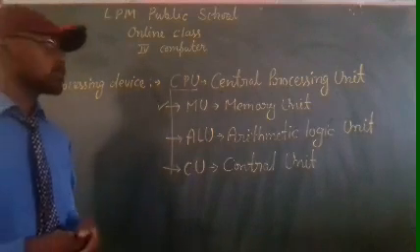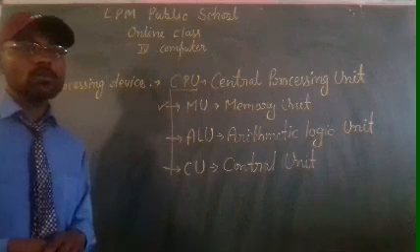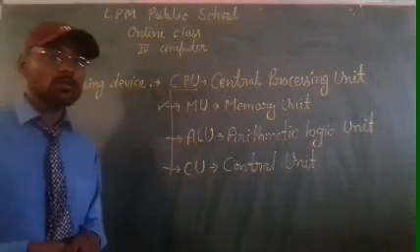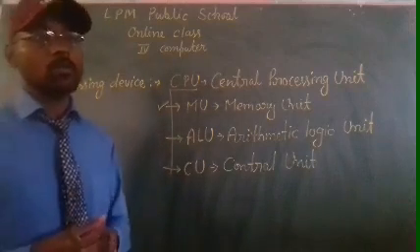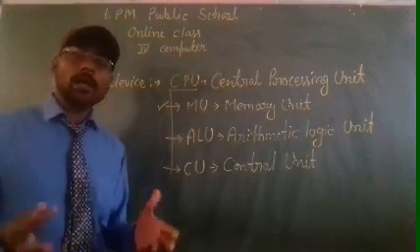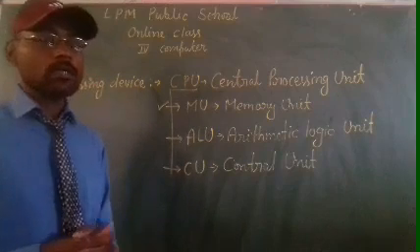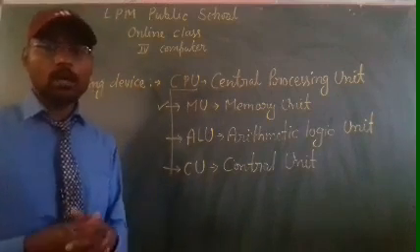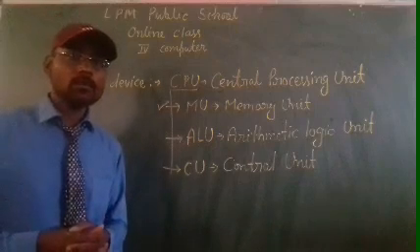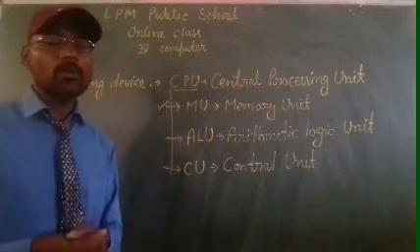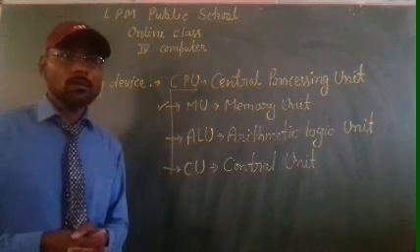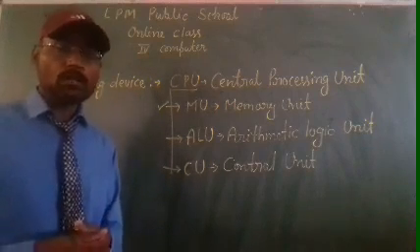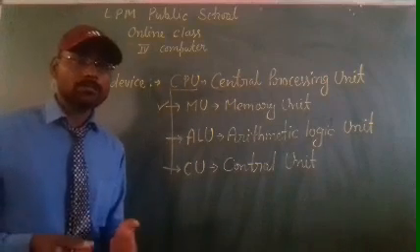And second, ALU, that is arithmetic logical unit. It does all the arithmetic calculations such as addition, subtraction, multiplication and division. Students, it performs logical operations, for example finding the greater number, smallest number and so on.